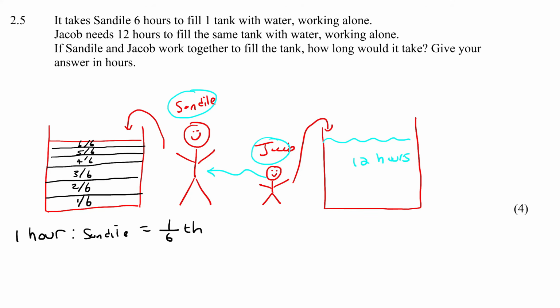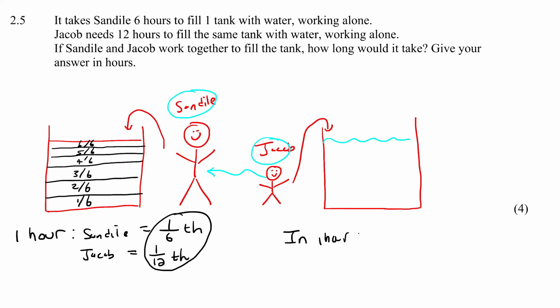A sixth. Okay? Jacob, in 1 hour, can fill up a 12th. So in 1 hour, how much of the tank can they fill up? Well, you just add these two together. So in 1 hour, if you add 1/6 plus 1/12, you could do this on your calculator.